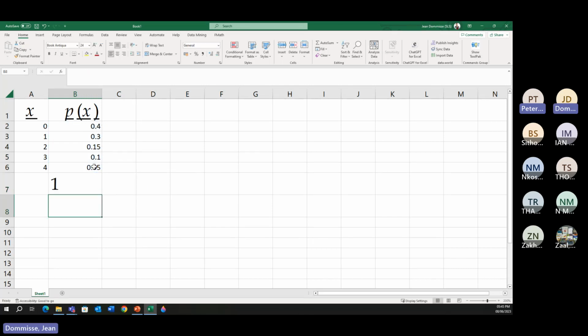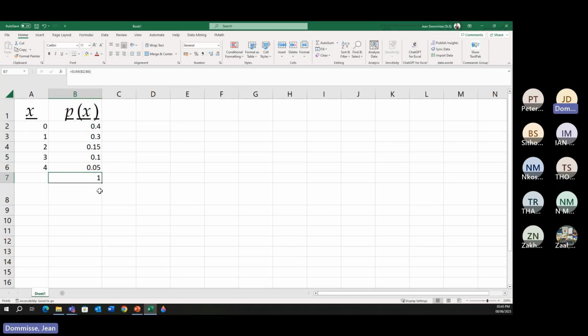Okay, and then... Sorry, Gene. Yes. Will that always be equal to 1, no matter how many of those probabilities? Yes, always. It needs to be equal to 1. When that is not equal to 1, then there's something missing in there, or else it is a mistake in the paper. So it always needs to add to 1.